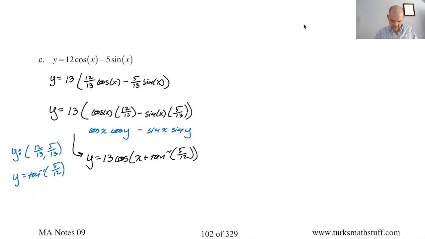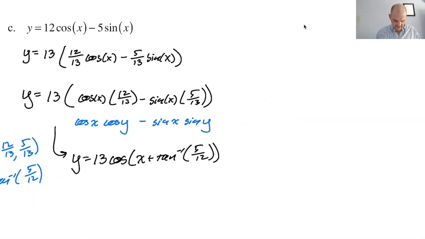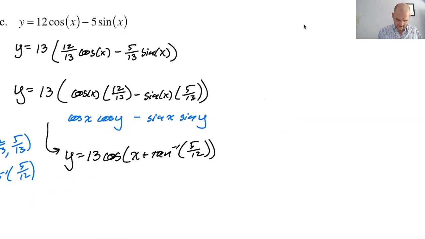Okay, that's one option. Now the next option, I'm going to do in kind of a weird way because I just don't want to deal with it. I'm going to keep it the same. No, I don't know what I'm going to do. Sine, cosine, cosine, sine. I'm going to factor out a negative.